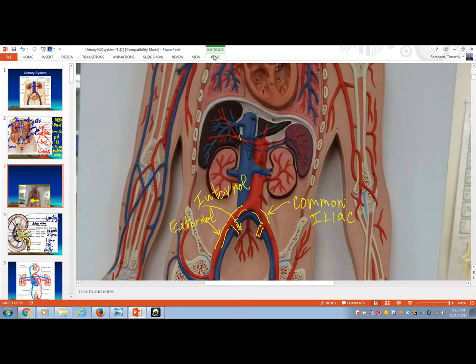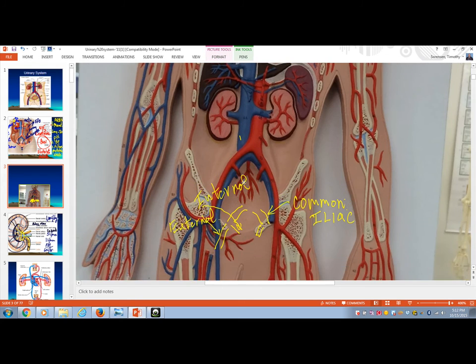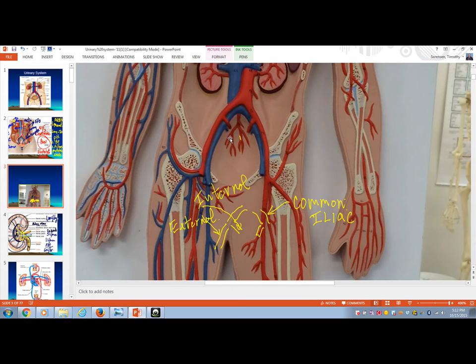Now we're going to move a little farther down. The external iliac then branches off into the femoral artery.